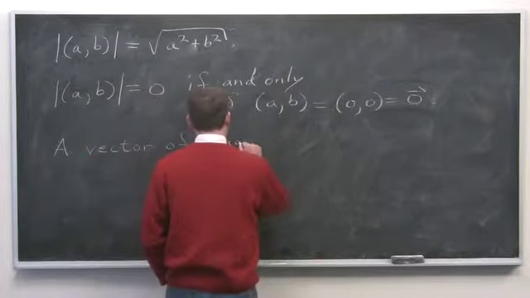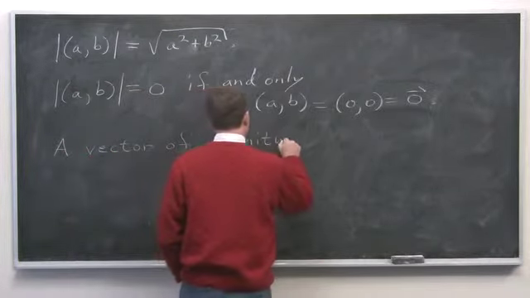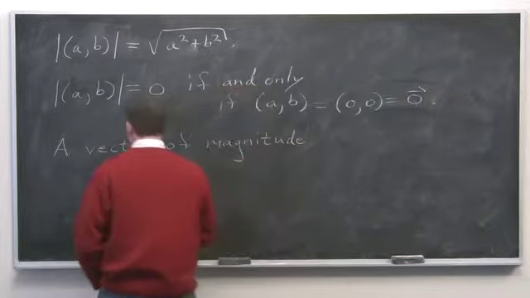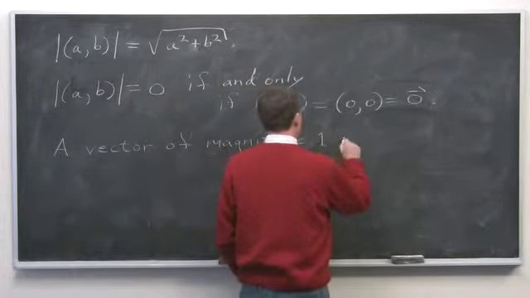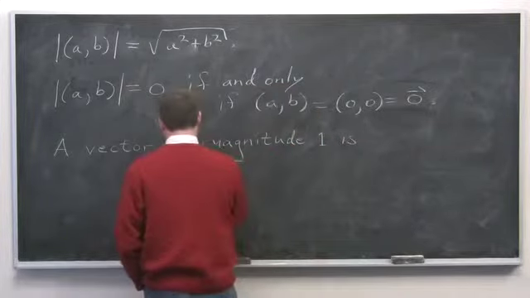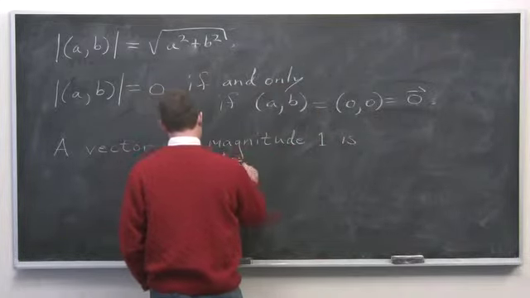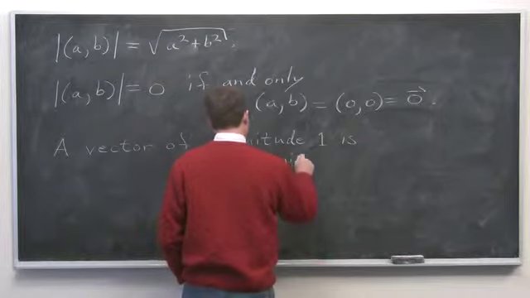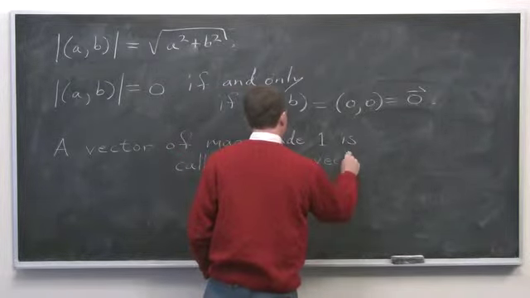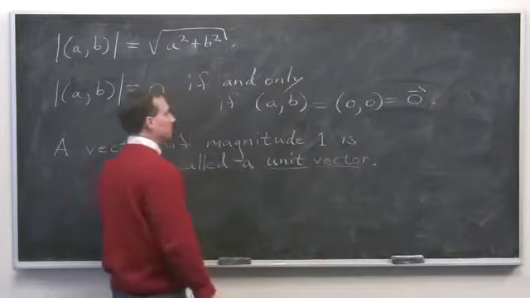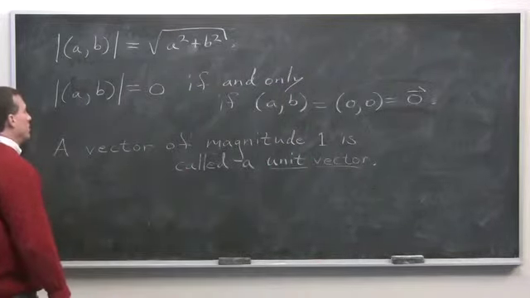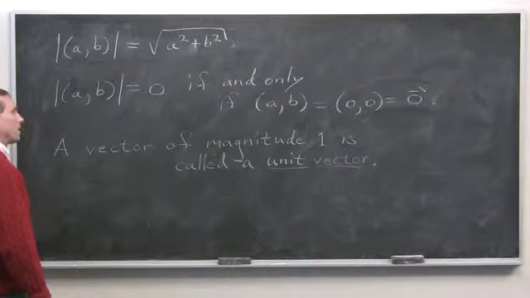A vector of magnitude 1 is called a unit vector. There's a lot of terminology to learn. None of it's particularly difficult. Unit vector just means a vector of magnitude 1.